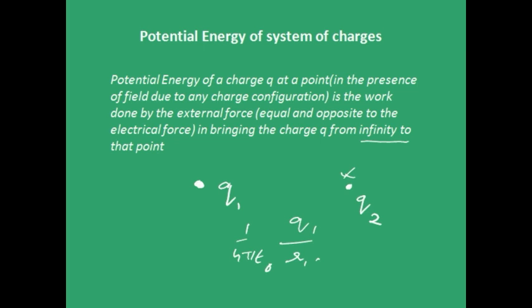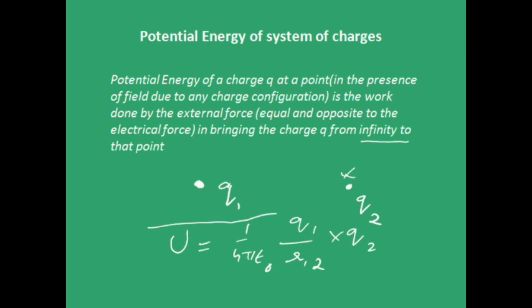So this was the potential here at the second point. Now I wanted to bring the charge q2 from infinity to this point. So the work I had to do is this potential at this point times the charge which I'm bringing. So this is the work, or this is the potential energy. This is the work I had to do, and this gets stored as the potential energy.